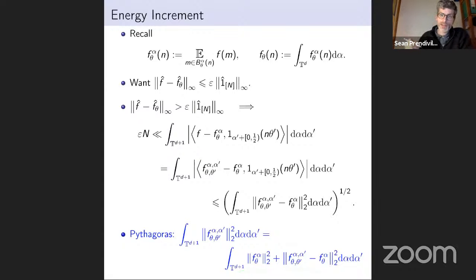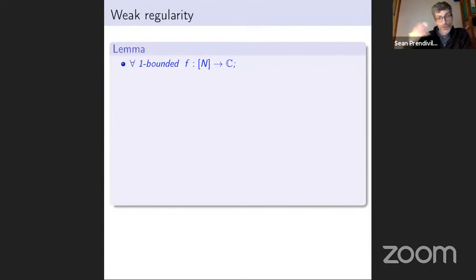So we've incremented the energy. So Fourier non-uniformity implies energy increment. So you can enact this energy increment and prove the following. You've got some one-bounded function and you've got some epsilon parameter, which is going to measure the error in your Fourier approximation.